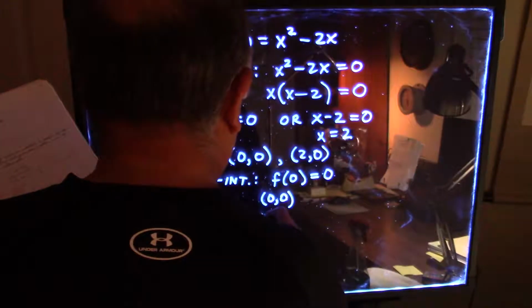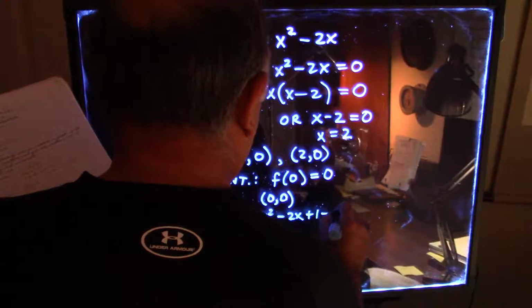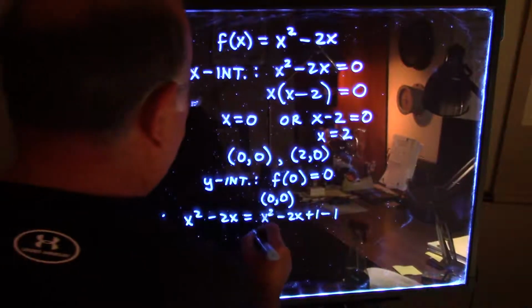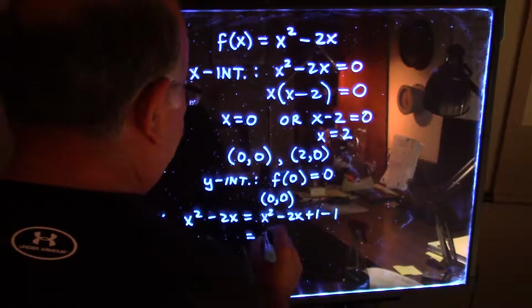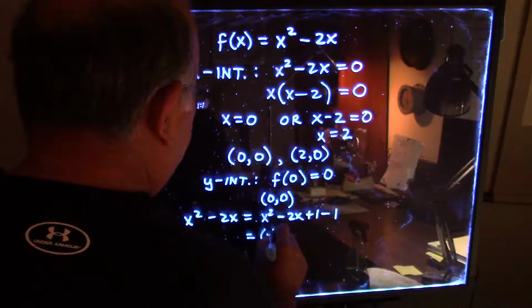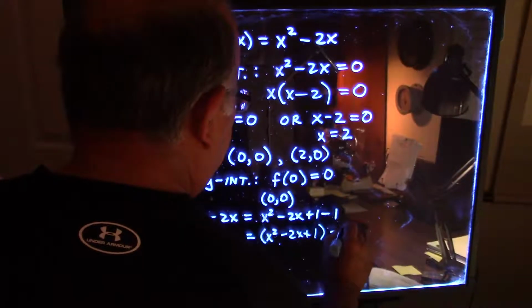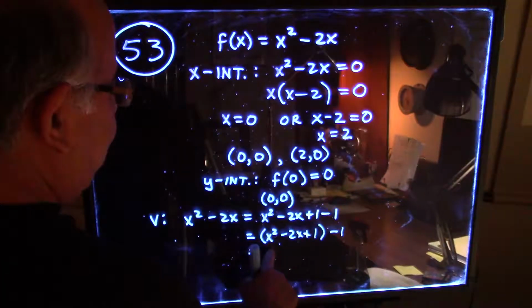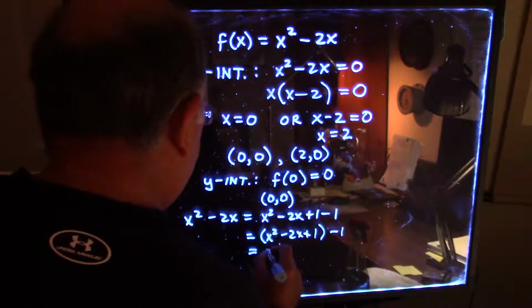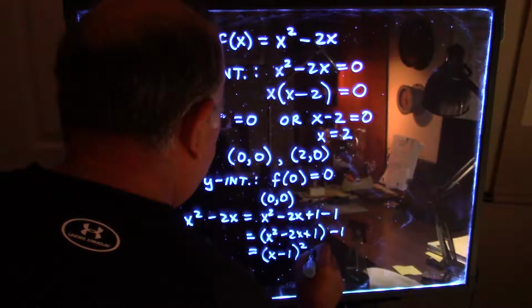So you get x squared minus 2x plus 1 minus 1. So I'm adding 0. I'm going to group the first three terms together, x squared minus 2x plus 1, using associativity.